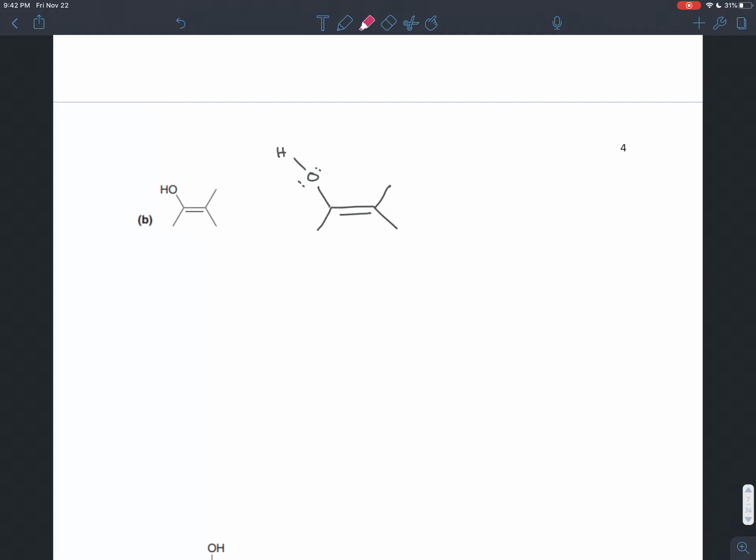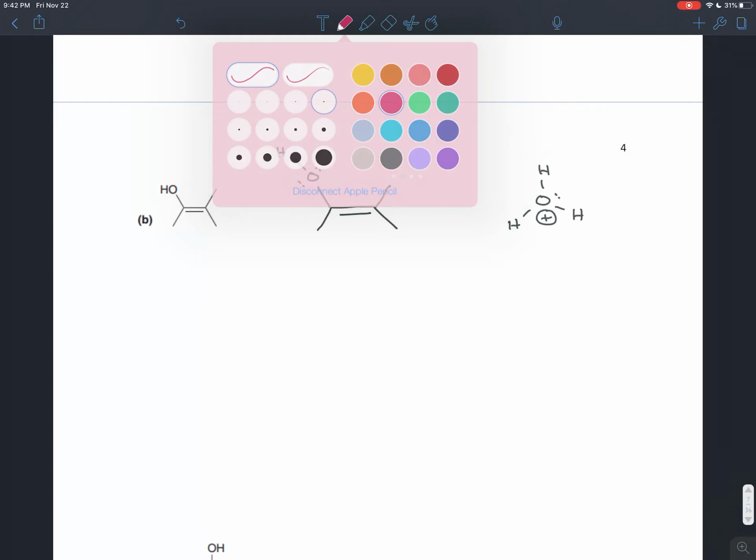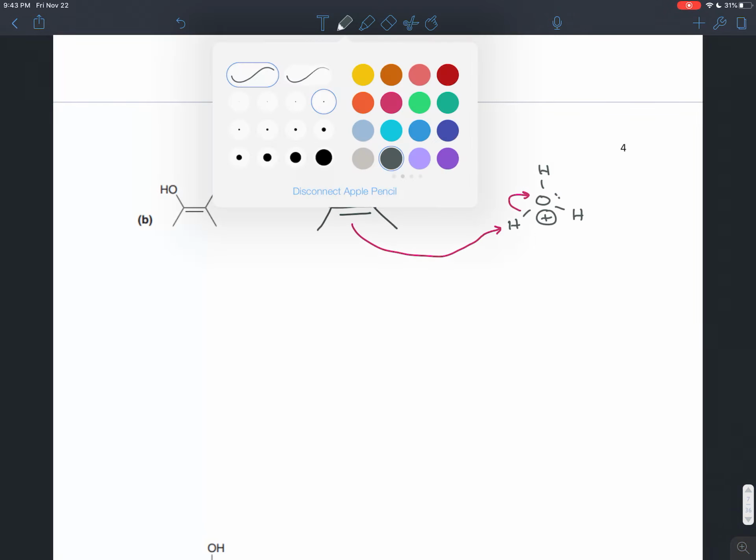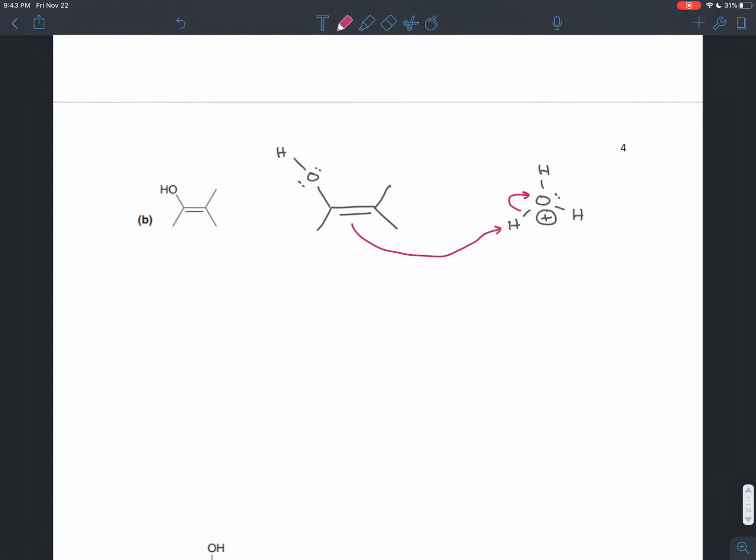There are a lot of electrons there. So if you combine that with an acid, H3O+, that's our poster child for an acid here, then the nucleophilic electrons in the pi bond can attack the slightly positive hydrogen in hydronium. The electrons would snap back onto the oxygen there to stabilize the positive charge. Notice that that is a proton transfer.